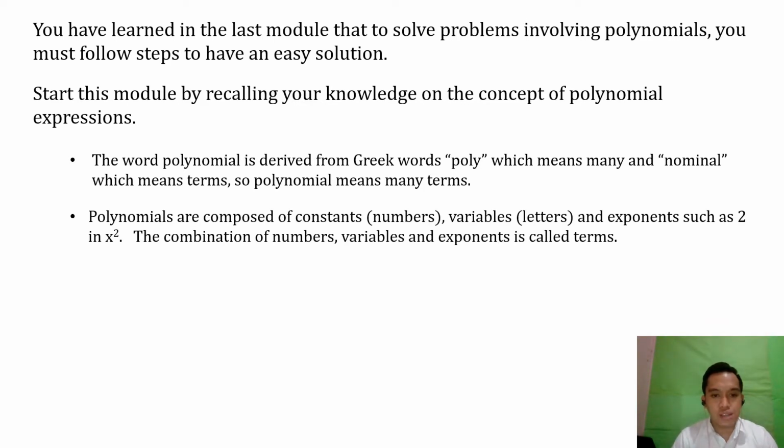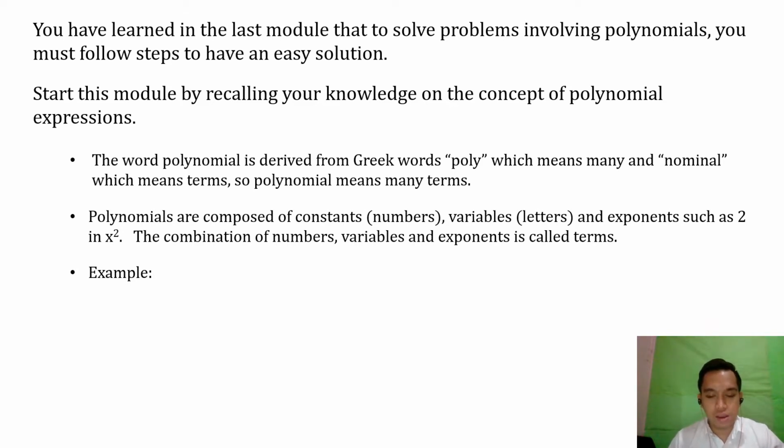Polynomials are composed of constants, which are the numbers, variables, which are the letters, and exponents such as 2 in x squared. The combination of numbers, variables, and exponents is called terms. A constant alone and a variable alone can also be considered a polynomial.